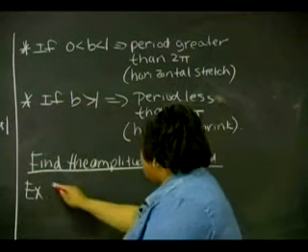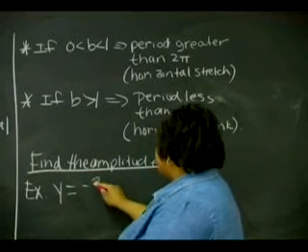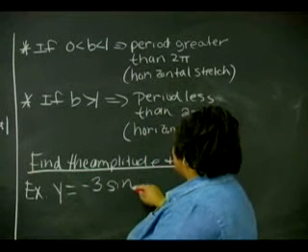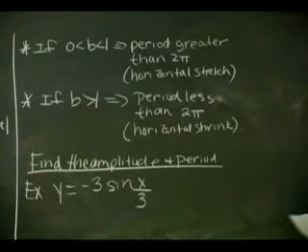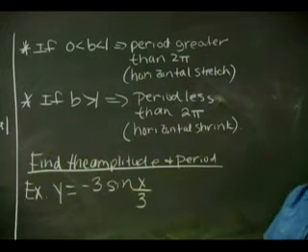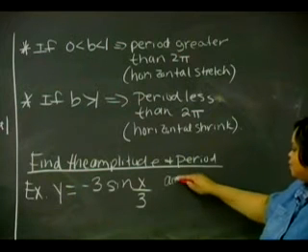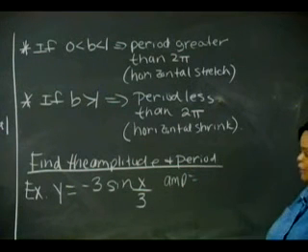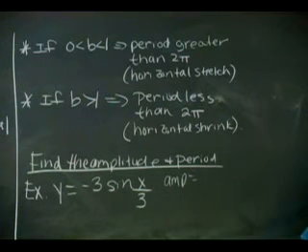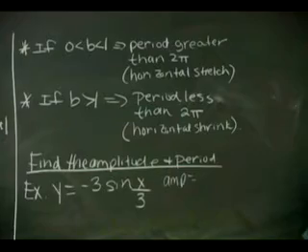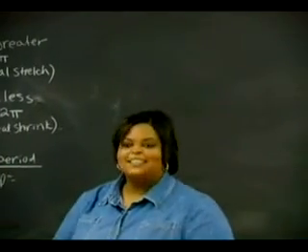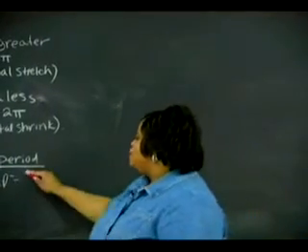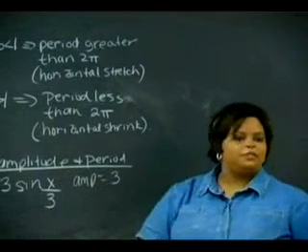Suppose we have y equals -3 sine x over 3. What's our amplitude? It's the absolute value of A. What is A? Coefficient of the sine, which is -3. So amplitude is the absolute value of -3, which is 3.